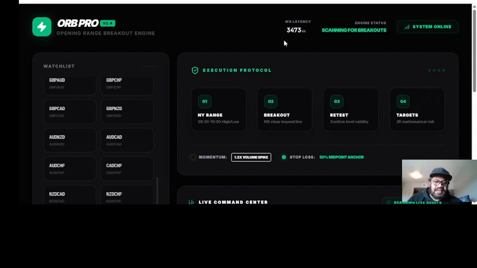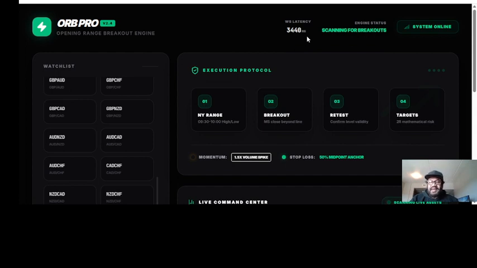It measures the latency. Right now, it's at 34 milliseconds. So the data that it's retrieving from the Deriv API is negligibly late. It's pretty good. 34 milliseconds is pretty negligible.